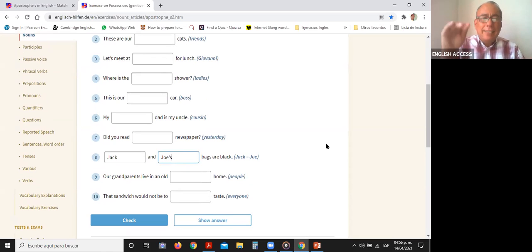For example, this class. The class is Javier's class. This class is also Fatima's class, but it's also Carolina's class. But I can mention the three of you, and the last one I mention is the one I'm going to write the apostrophe S on. For example, this is Javier, Fatima, and Carolina's class, meaning that the class belongs to the three of you.